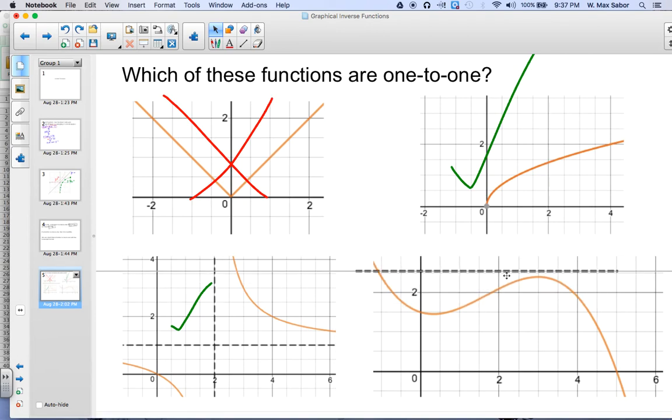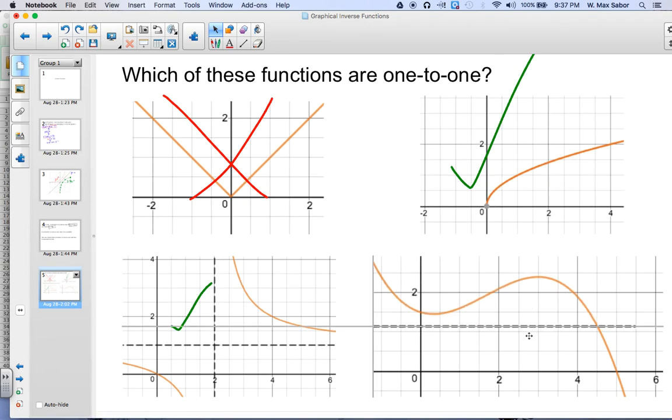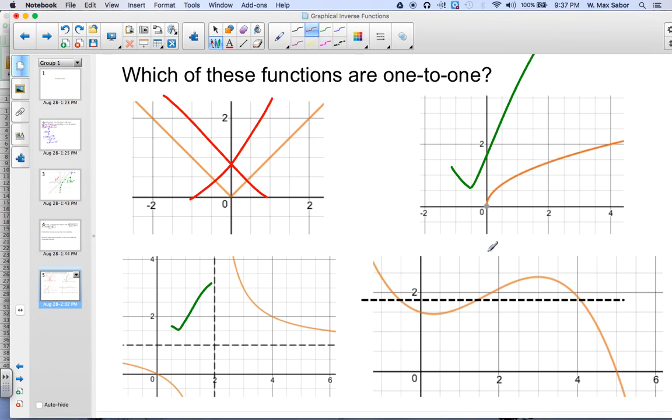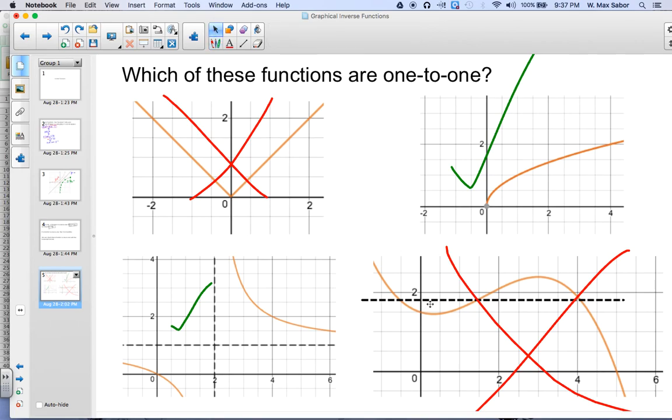Over here, it's passing the horizontal line test there, and here, but it's not passing the horizontal line test everywhere, which means that it's not one-to-one. For example, the output 2 appears 3 times. Once an output appears multiple times, it can't be invertible, because that would mean the inverse has the input 2 going to multiple outputs, and that's not okay.